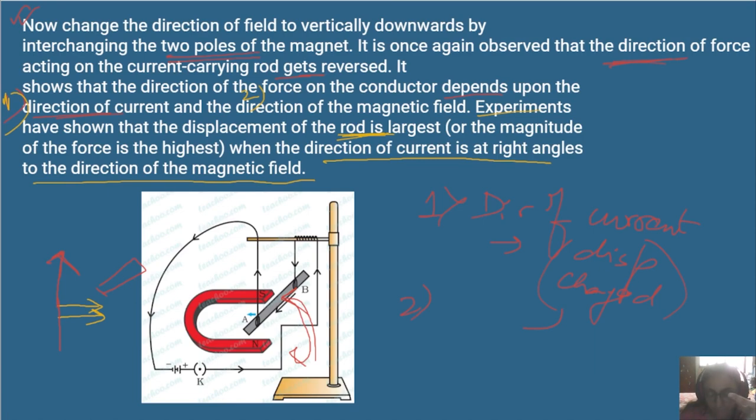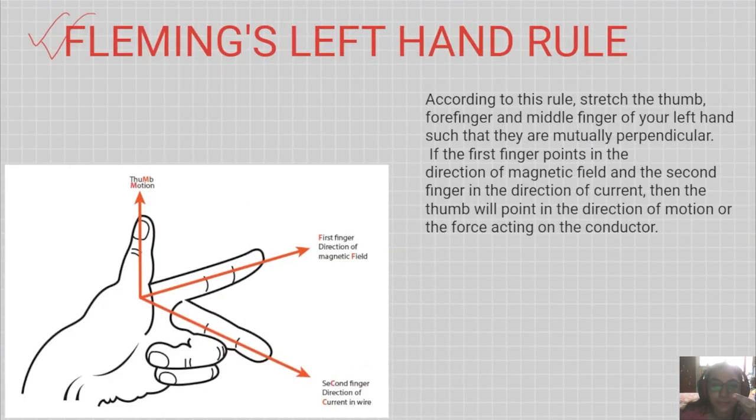So 90 degrees is the maximum for all the three to make an angle with each other. It's the maximum angle that can be produced. So that is why the displacement of the rod, or the force exerted by the magnetic field on the rod, is the maximum when the magnetic field is at right angles to the direction of the current.